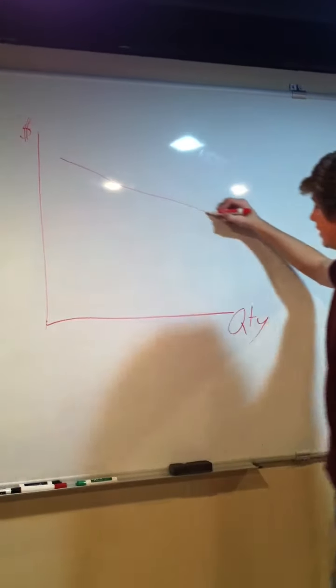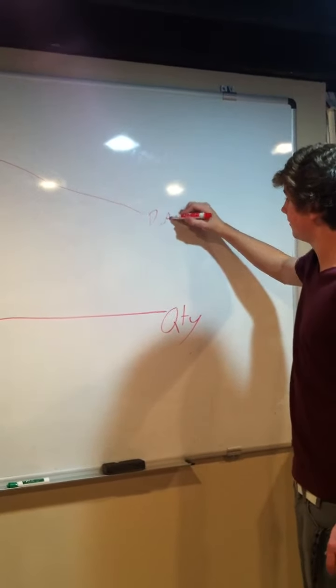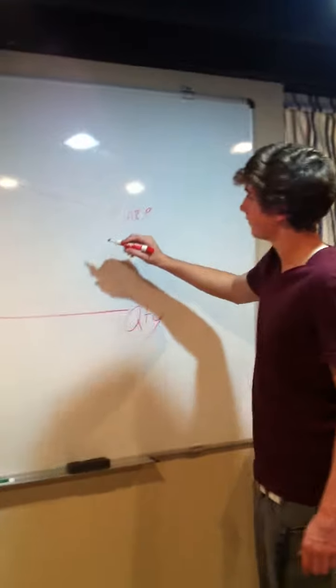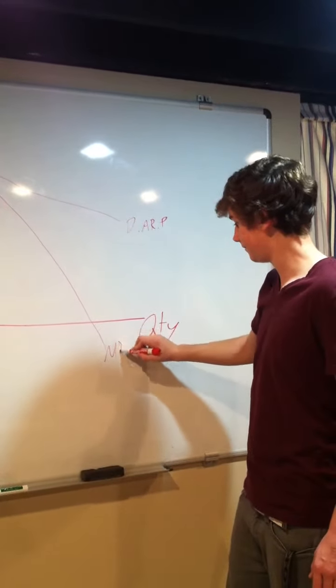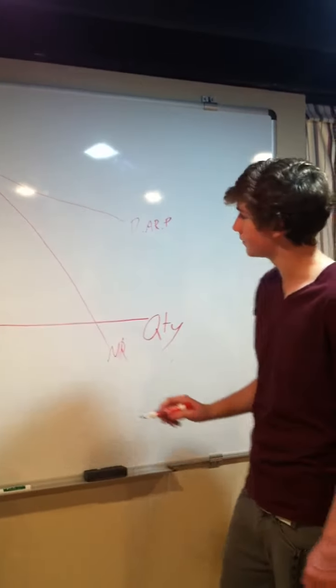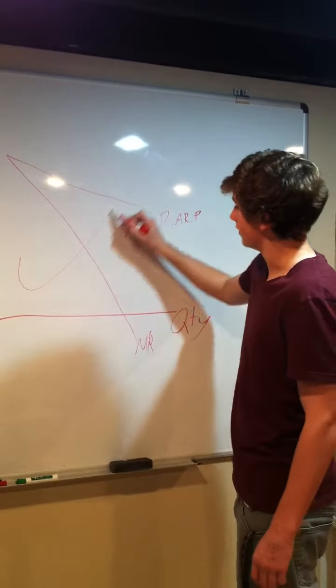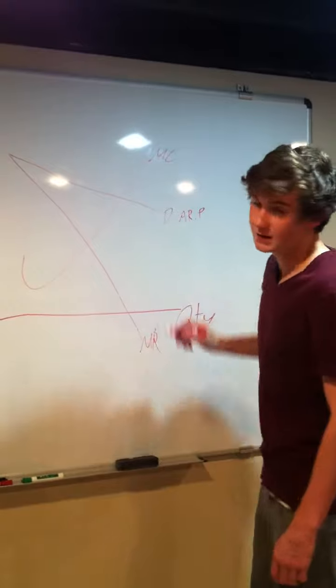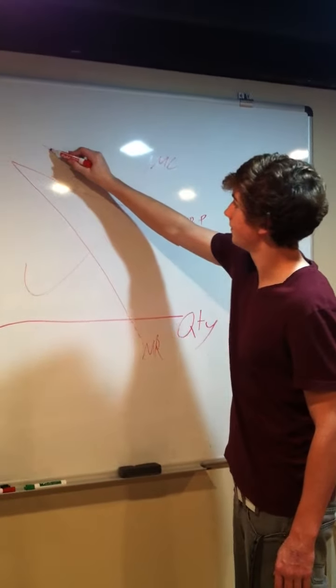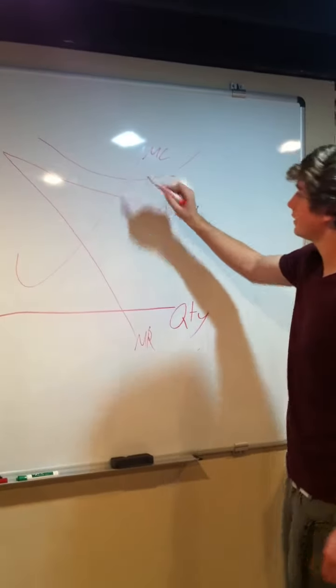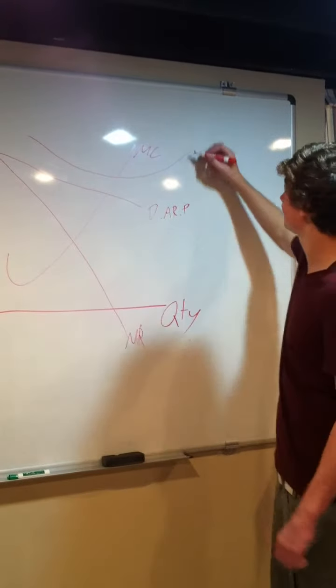We have our DART curve. Beneath it we have our marginal revenue curve, our marginal cost curve, and this time ATC will be above our DART curve. Still intersecting MC at its lowest point.